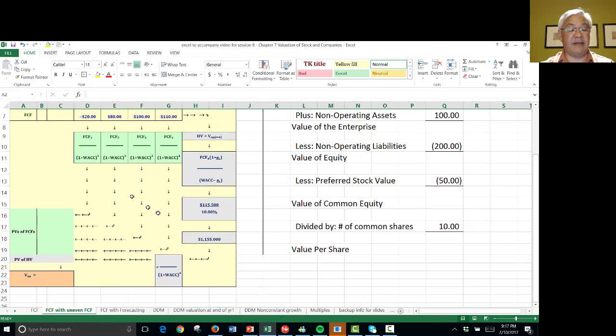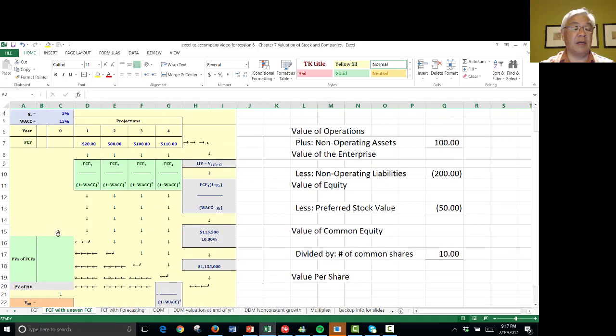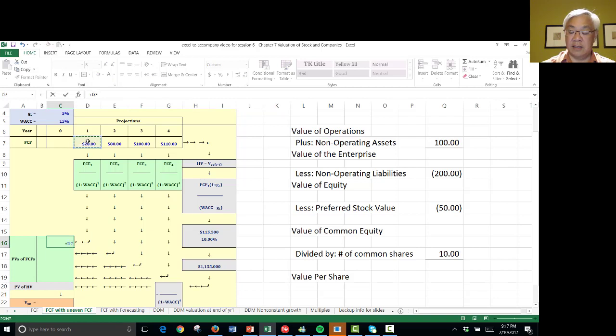So what we'll do next is pull together the PVs. All right, so let's start with the present value of this cash flow, which is negative 20 divided by 1 plus the WACC, and we'll just lock that with an F4, raised to the power of year 1. Do the same for the other 3 years. So it's this divided by, open parens, 1 plus WACC raised to the second power.